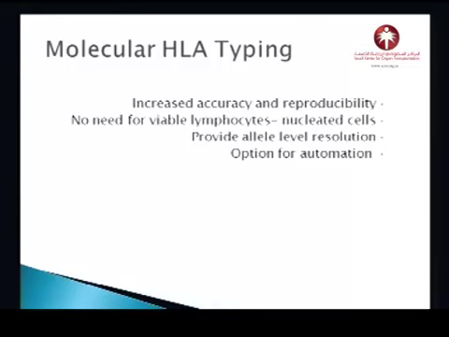Also, nucleated cells are a good source of DNA that can lead to the detection of the HLA typing by molecular methods, and even any tissue, any blood tubes, if it's whole blood, can be used to extract DNA to perform the HLA typing. And it's open for automation.